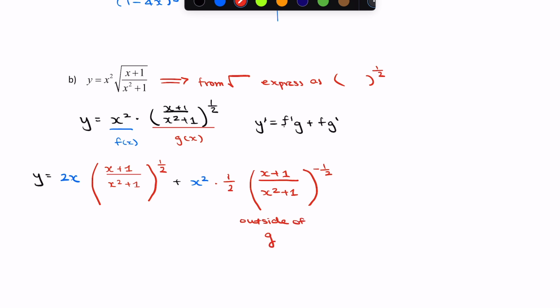And now the inside of g. Okay, so for the inside of g, we're going to have to use the quotient rule. So we'll multiply that.